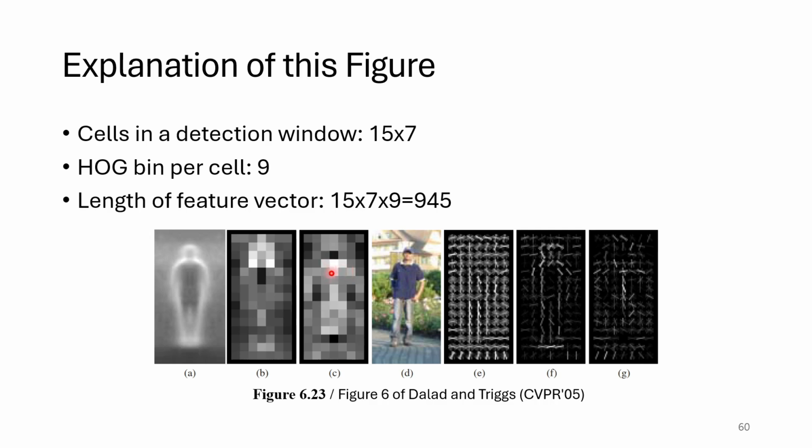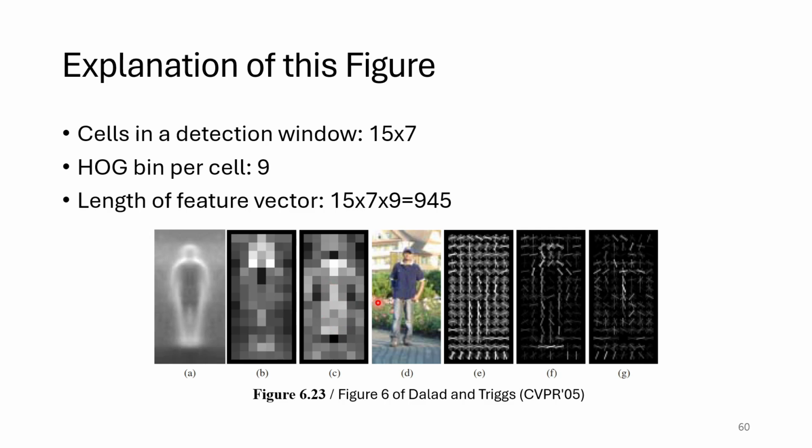So from here, if the classifier wants to check whether this image is a pedestrian or not, it will pay its attention to this region. So what is this region? It means the center of the body.